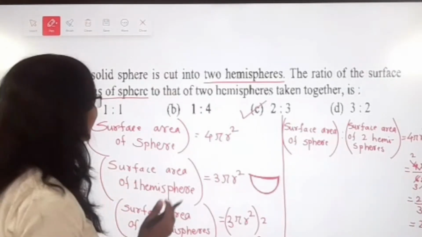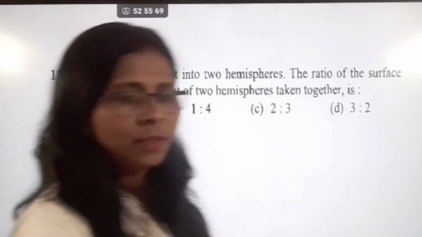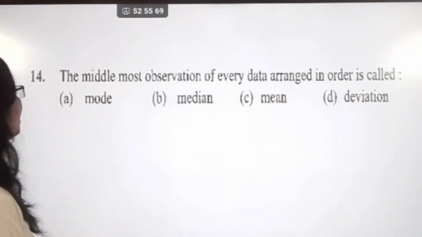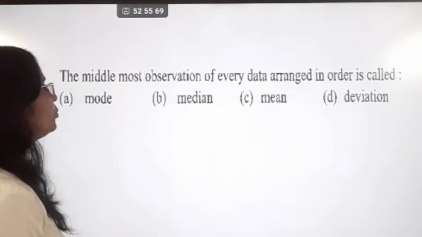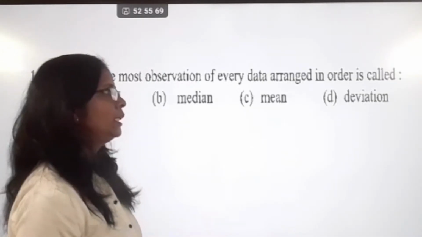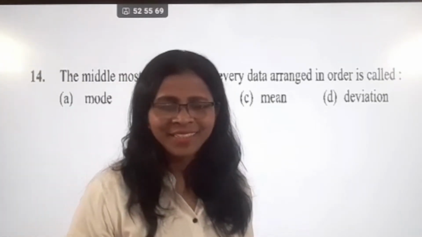Okay students, next one will be the 14th question. The middlemost observation of every data arranged in order is equal to? It is a very easy question.